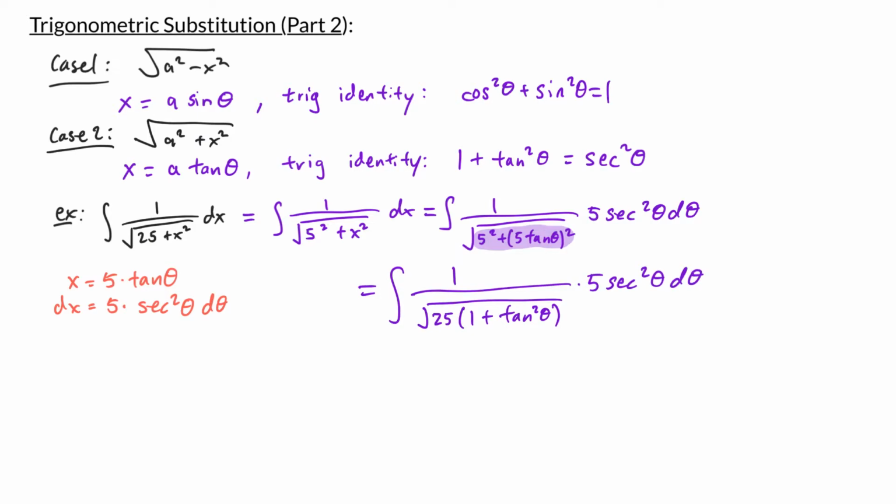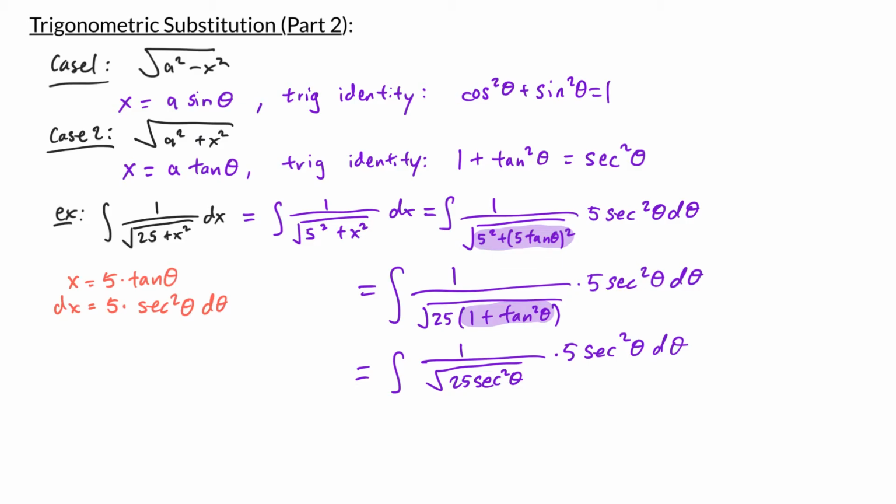This is where I'm going to use my trig identity. I can rewrite the 1 plus tan theta squared with secant squared theta. So this gives me the integral of 1 over square root of 25 secant squared theta times 5 secant squared theta d theta.